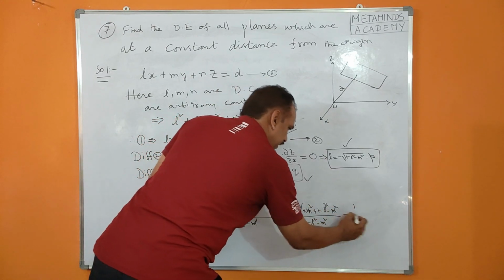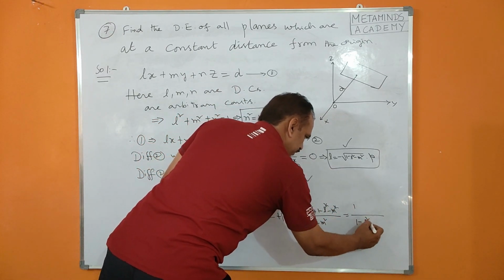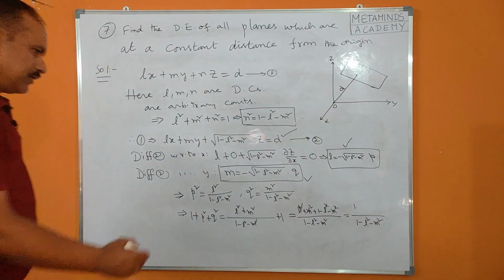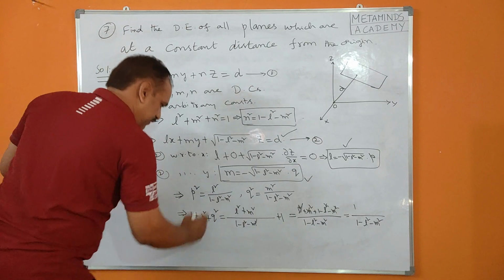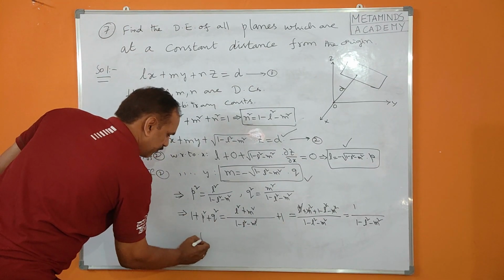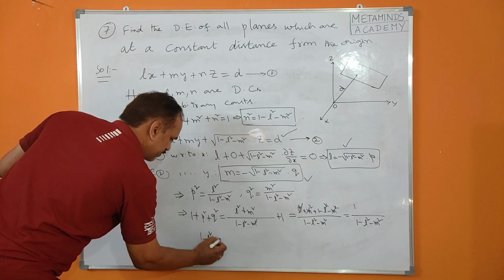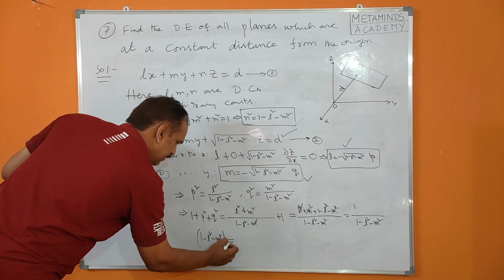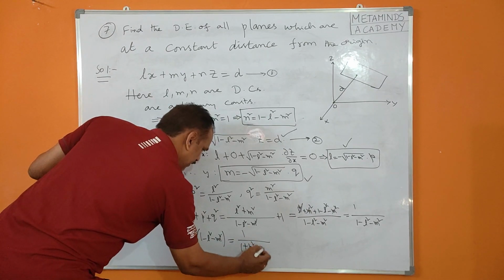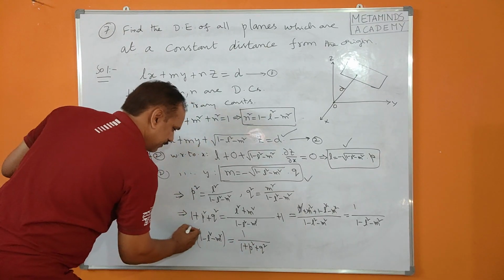So it is 1 by 1 minus L square minus M square. So from this we got 1 minus L square minus M square is 1 by 1 plus P square plus Q square.